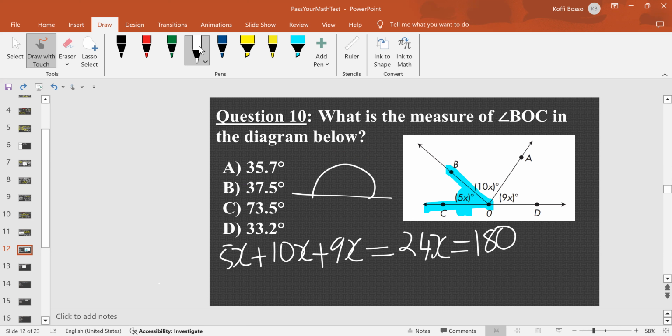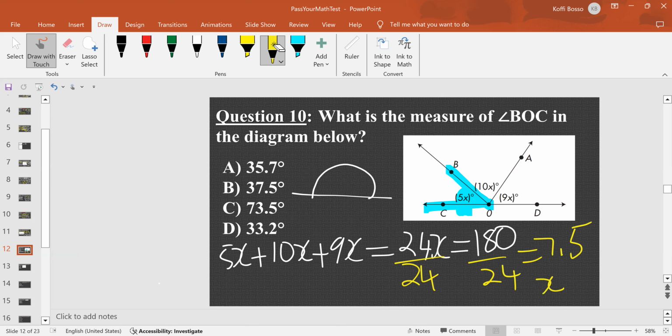Now to solve for x, we're going to divide both sides by 24. The 180 divided by 24 is 7.5. So this 7.5 is not yet the answer. Therefore, there is no answer as 7.5 in the four answers. But this is the x value.